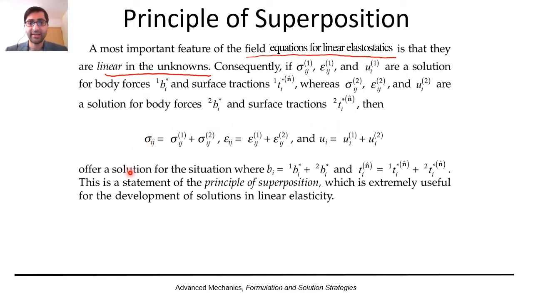Then we can say that sigma equal to sigma 1 plus sigma 2, epsilon equal to epsilon 1 plus epsilon 2, and u equal to u1 plus u2 offer a solution for the case that we have body force B equal to B1 plus B2 and traction of T equal to T1 plus T2.